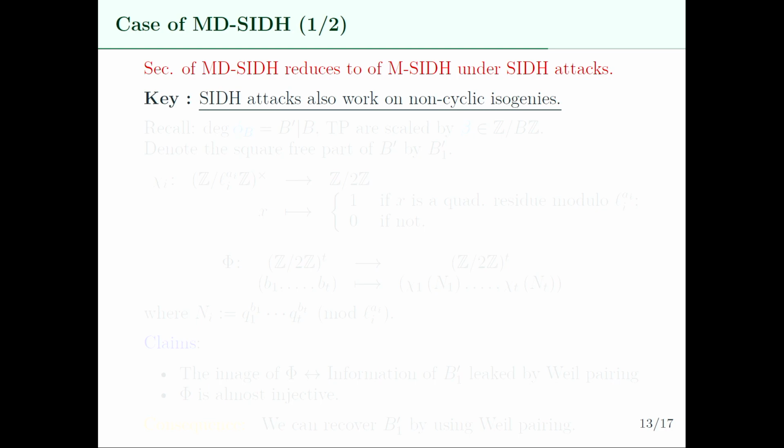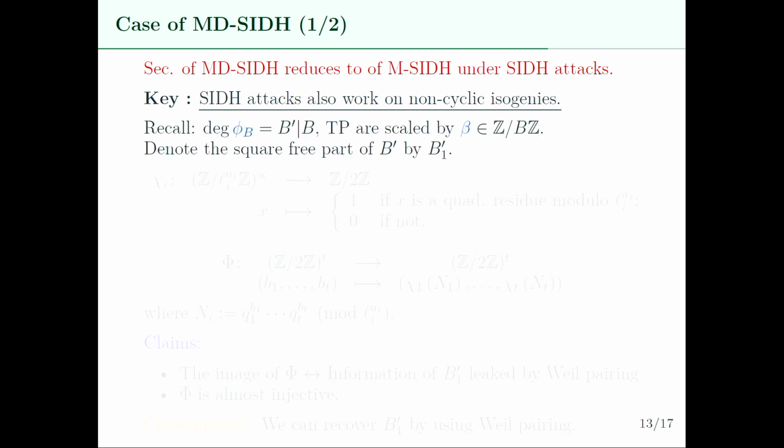The key of this reduction is that SIDH attacks also work on non-cyclic isogenies. First I'll recall some settings. The degree of phi_b is b prime, and this is a secret. And torsion points are scaled by beta. And now we denote the square-free part of b prime by b1 prime.